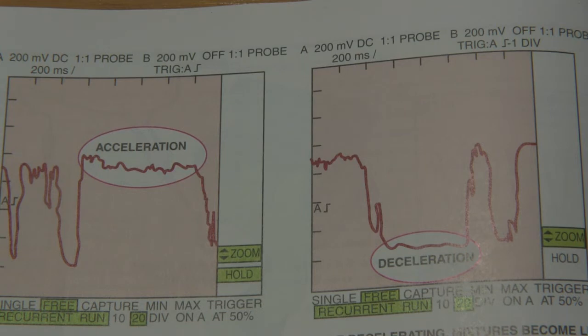Now, different manufacturers might call it something different, but what power enrich mode is a predetermined algorithm based off of mass airflow sensor data, throttle position angle, MAP sensor manifold values, engine coolant temp, vehicle speed, all these different inputs, all these sensors.